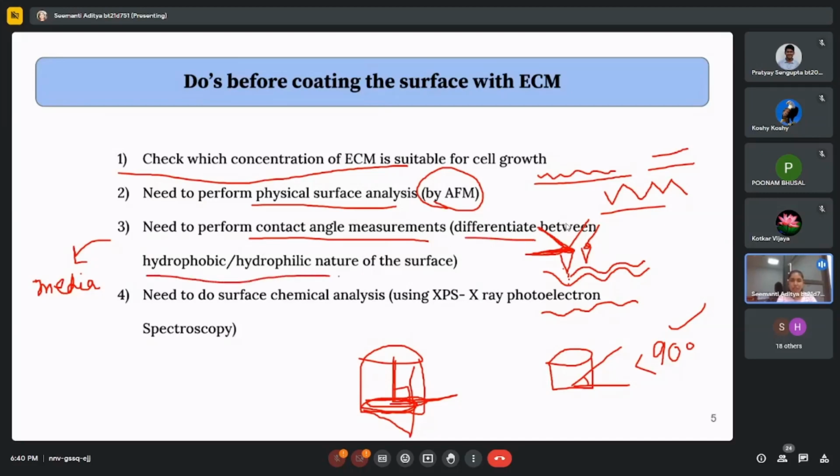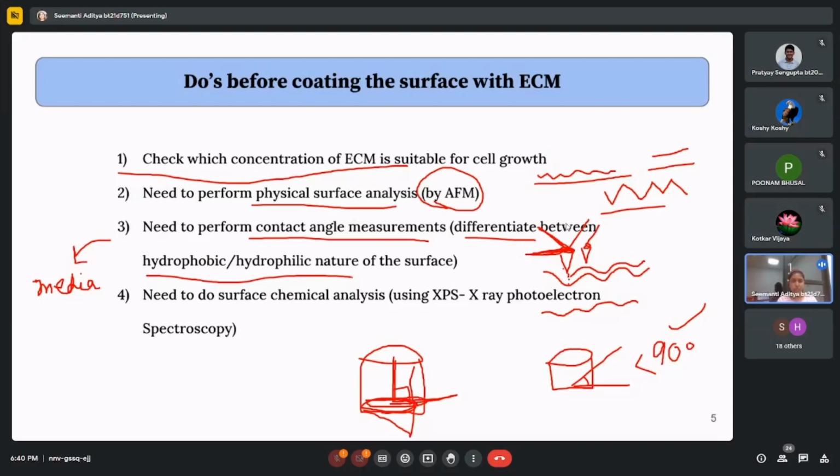If it is more hydrophilic, it will attract water or media. Generally, the cells are grown in media or buffer, which is water based or aqueous phase, so we need a hydrophilic surface. If it is more hydrophobic, that means the ECM is not a proper choice, and we need to change the ECM. So a more hydrophilic surface will promote cell adhesion.